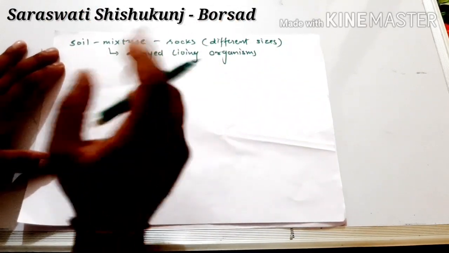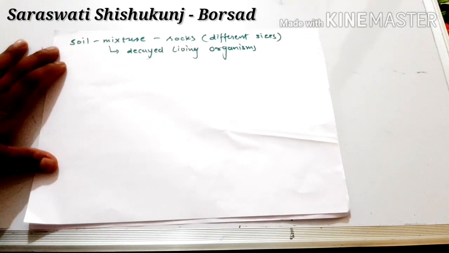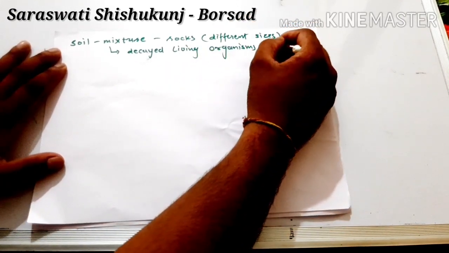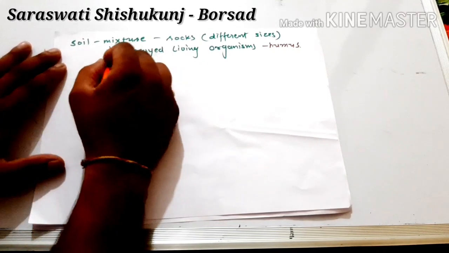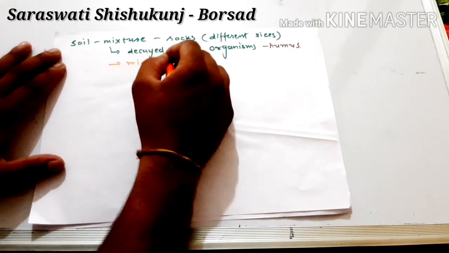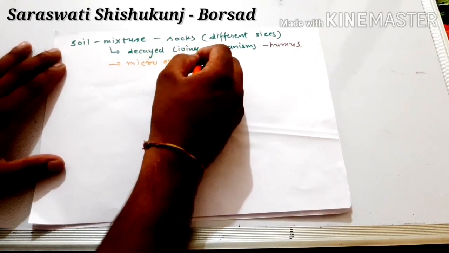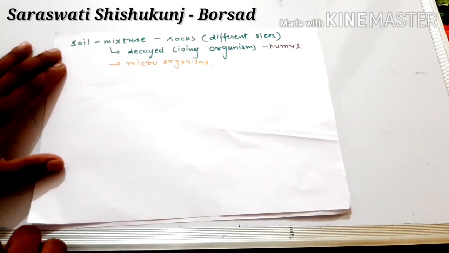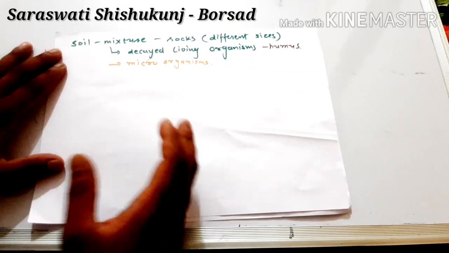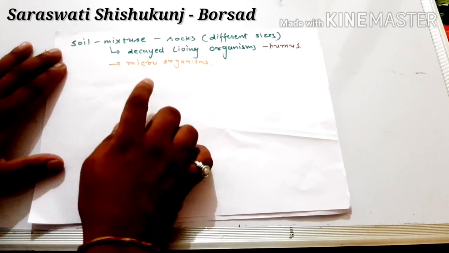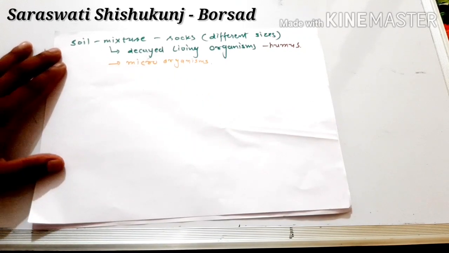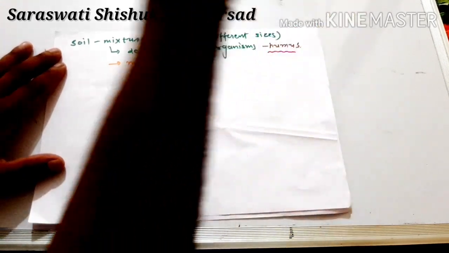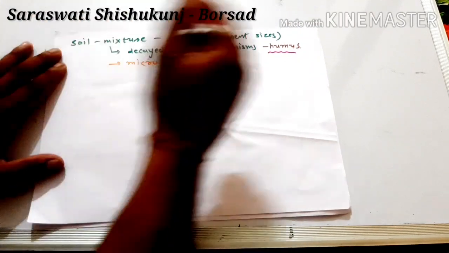Decayed living organisms means dead living organisms, right? And generally these dead living organisms are known as humus. In addition to that, soil also contains different types of microorganisms, right? The type and quality of soil depend on the amount of humus and the amount of microorganisms.